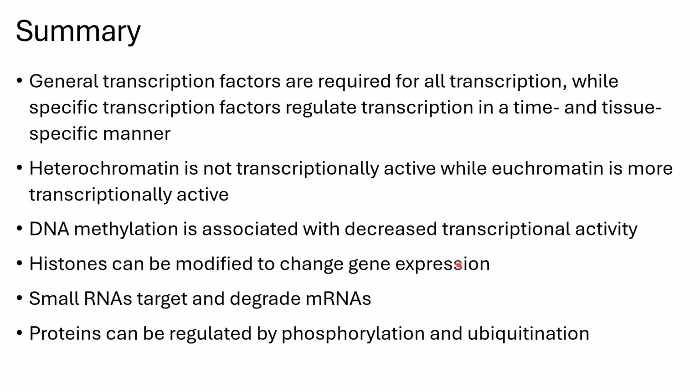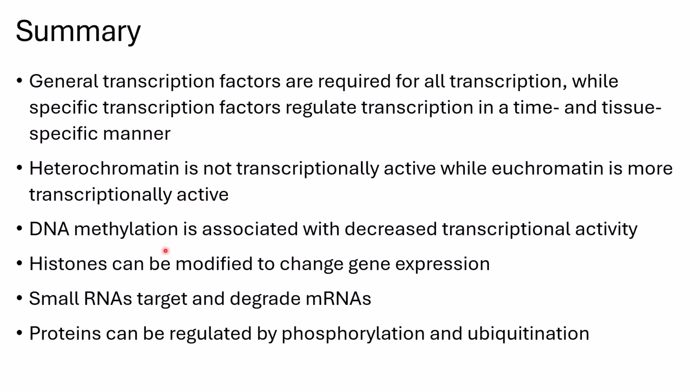In this video, we learned that eukaryotes have general transcription factors for all transcription and specific transcription factors that can bind to the promoter or enhancer to regulate transcription. Heterochromatin is closed and condensed chromatin that is not transcriptionally active, while euchromatin is open and less condensed chromatin that is more transcriptionally active.